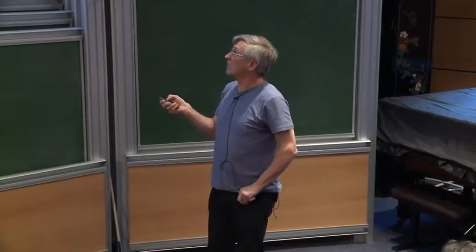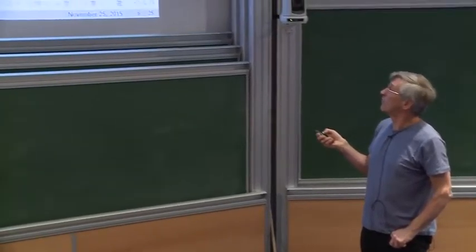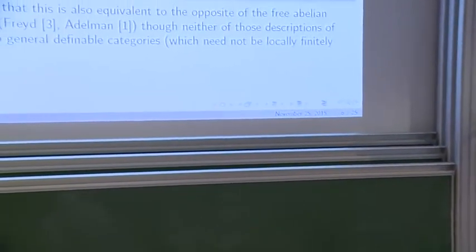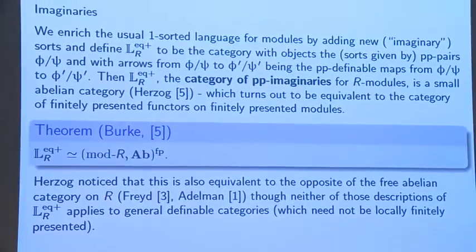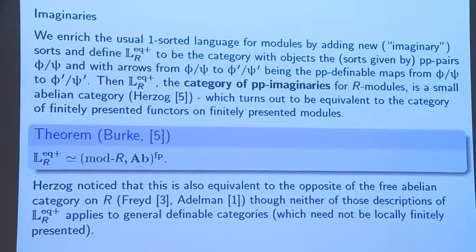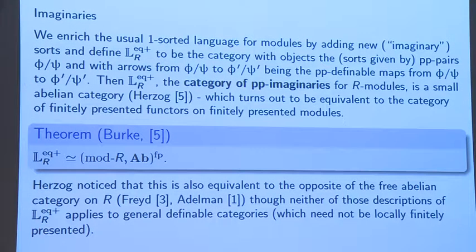It turns out this category is also the free abelian category, a notion of Freyd, the free abelian category on R. You can start with a ring or any small pre-additive category and define a free abelian category.